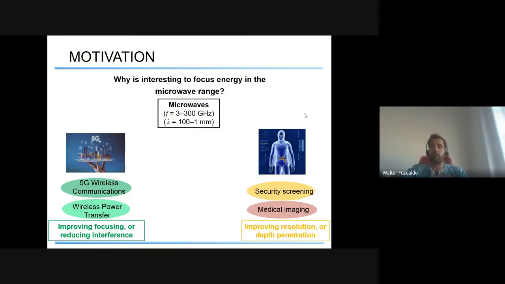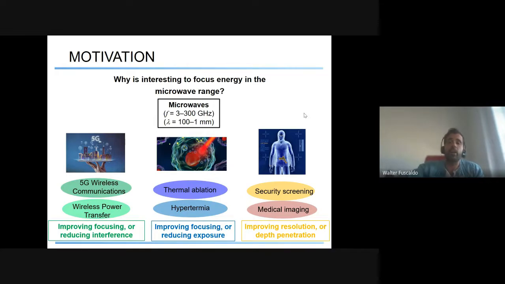Another area of interest for the application of focused radiation at microwave frequencies is that of security screening and medical imaging, because with respect to the optical solution, it is easier to go more in depth in the tissue because of the larger wavelength, and it also helps to avoid the ionizing character of optical frequencies or higher frequencies than the visible range.